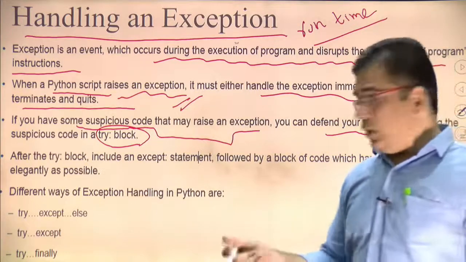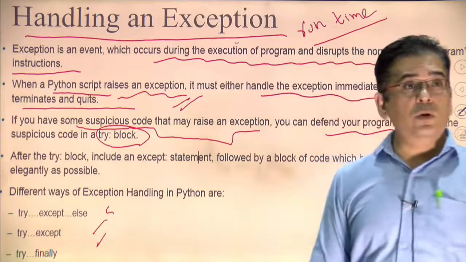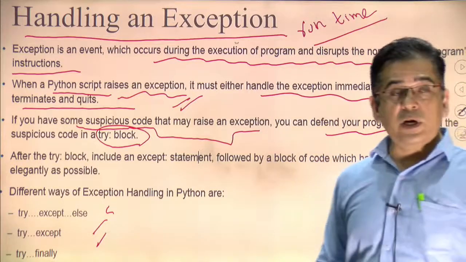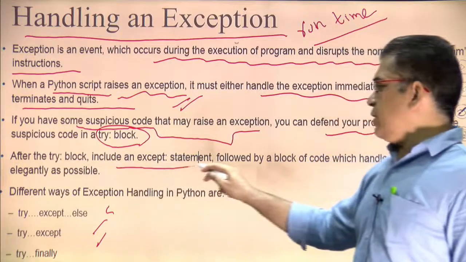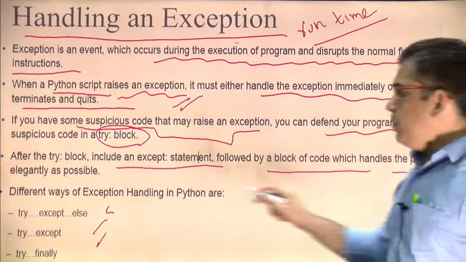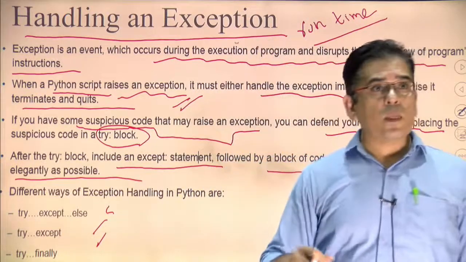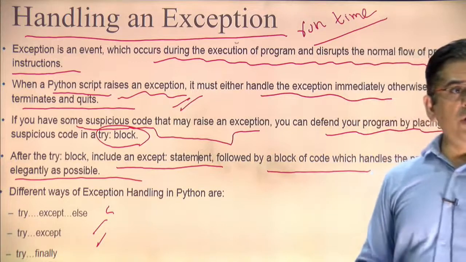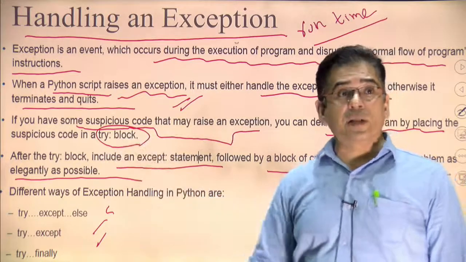After that, there will be except, else, finally. These are the options available for exception handling in Python. After the try block, include an except statement followed by a block of code which handles the problem as elegantly as possible. So within the except block, you need to write the code which will be used to handle the exception raised by the try block.